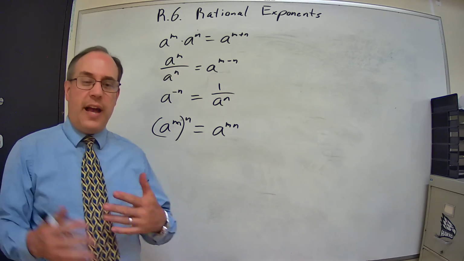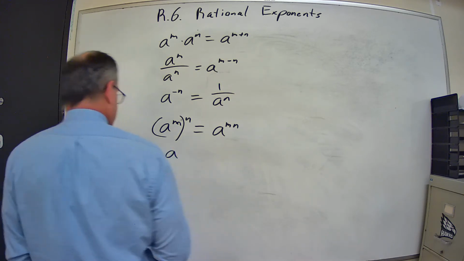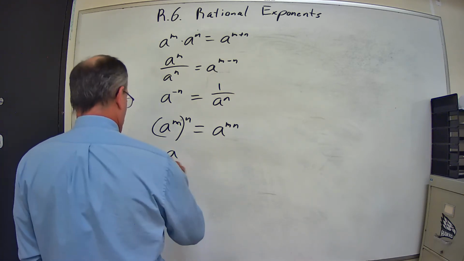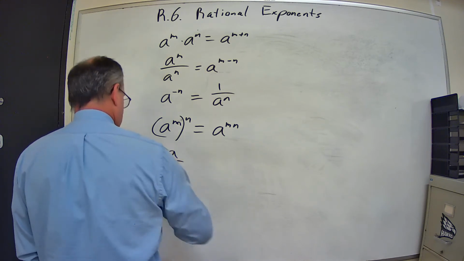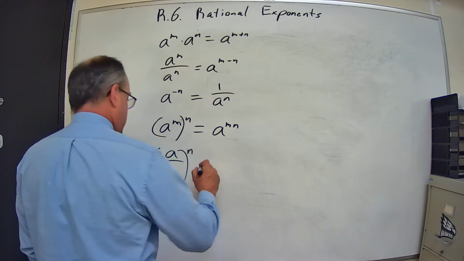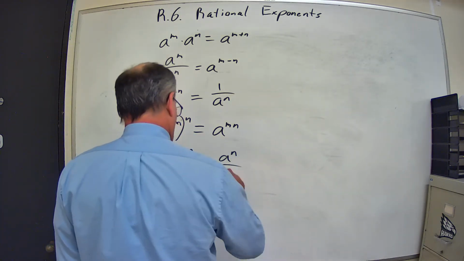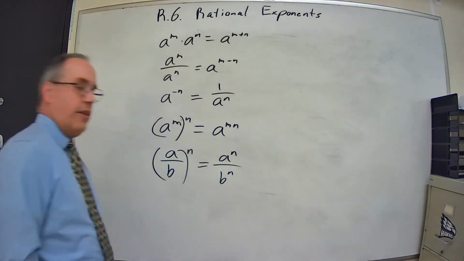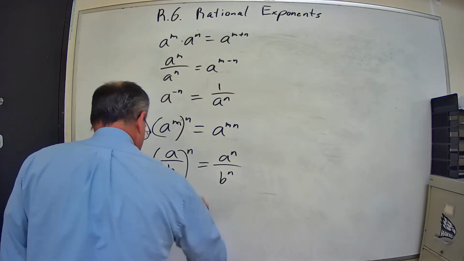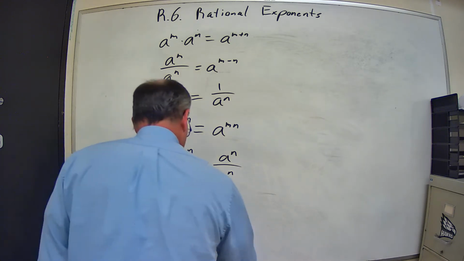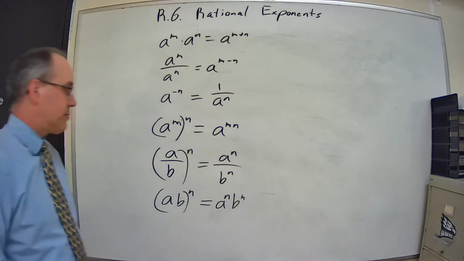Okay, so we've got these different rules. We have another power rule. A over b to the n is equal to a to the n over b to the n. Another one of our power rules, a times b to the n is equal to a to the n, b to the n. Right?